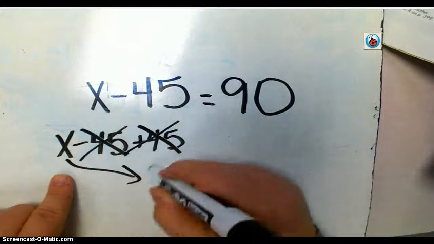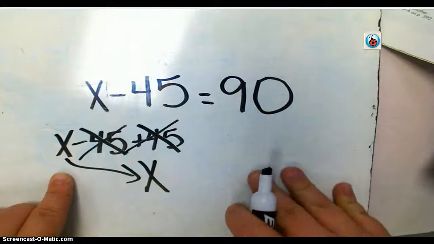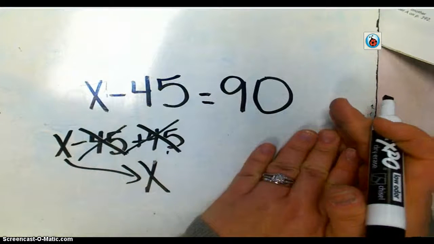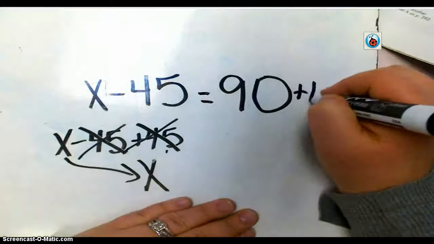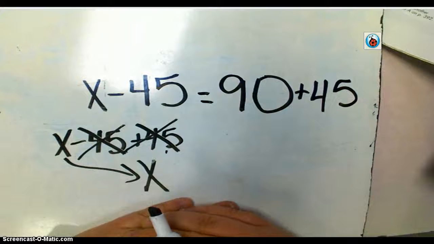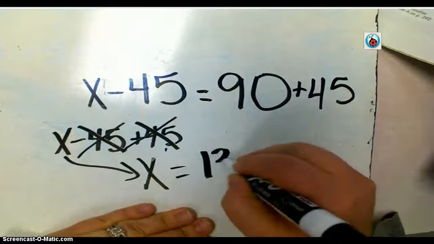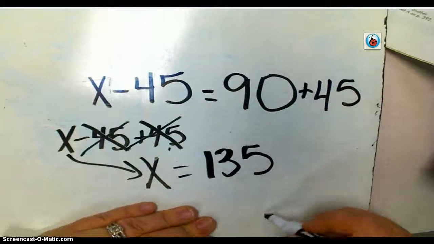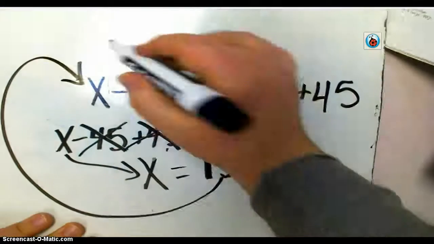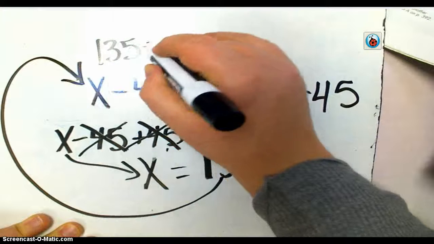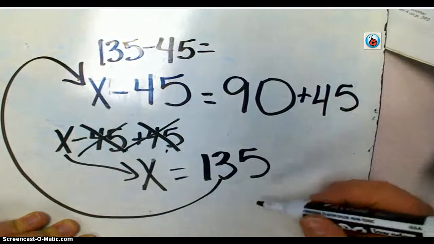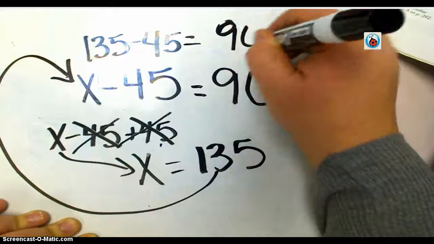So now I'm left with just my variable. If I added 45 here, what do I have to do over here? Add 45. 90 plus 45 is 135. If I want to check my work, I'm going to put 135 in for x. 135 minus 45 gives me 90. It better give me 90, otherwise I made a mistake.